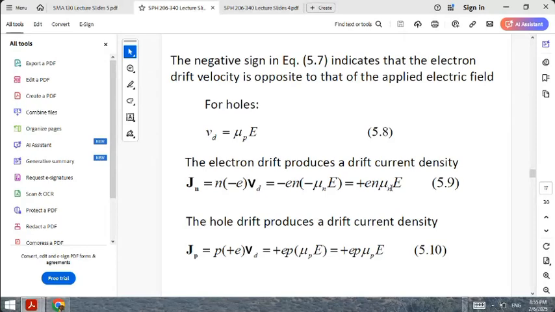The electronic charge. n is the electron density, mu is the charge mobility, and E is the electric field.